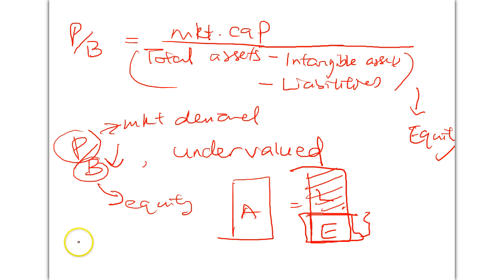So we expect that PB ratios wouldn't fluctuate as much as PE ratios, and we should look for stocks with PB ratios less than or equal to 1. Again, we have to make this comparison by industry.